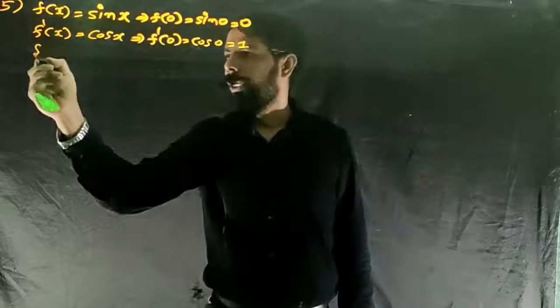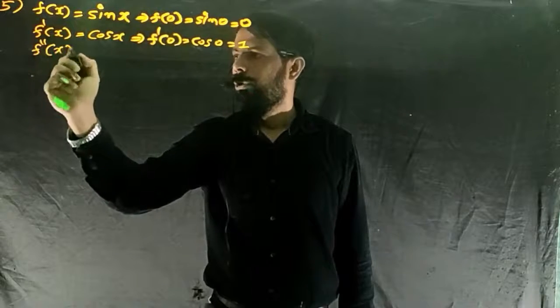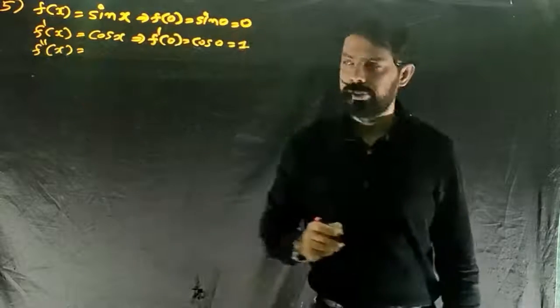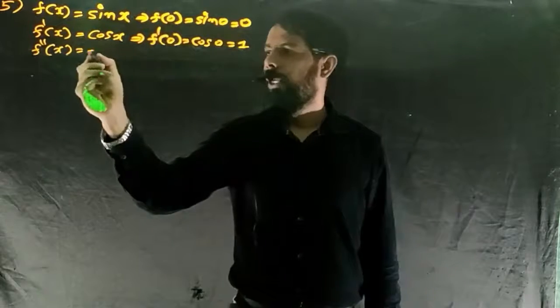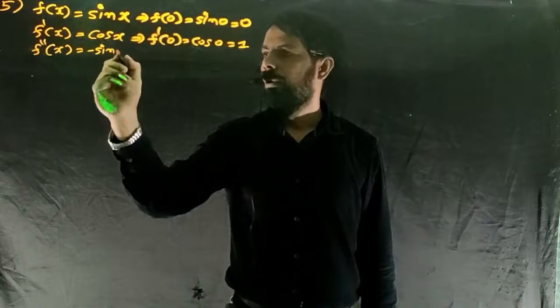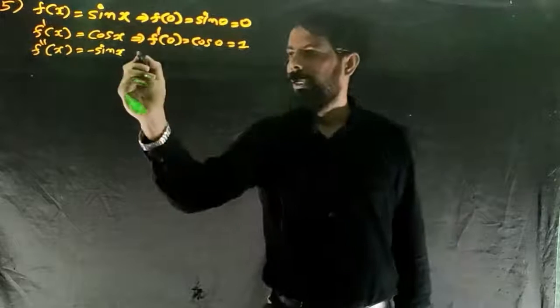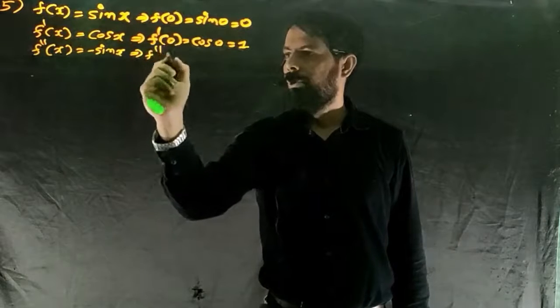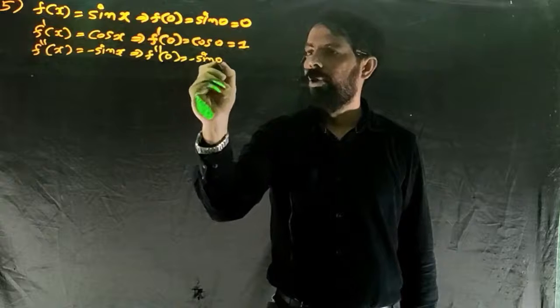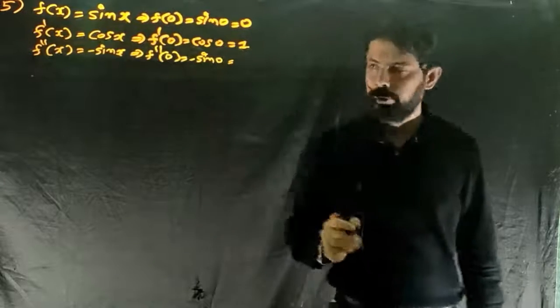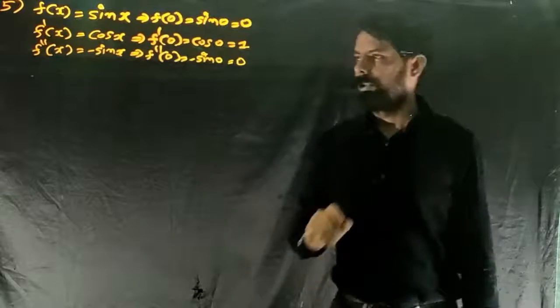Now taking the derivative again, f dash x will become f double dash x, and the derivative of cos x will be minus sin x. Replacing x by 0, it will be minus sin 0, and as we know the value of sin 0 is 0, so it will be 0.